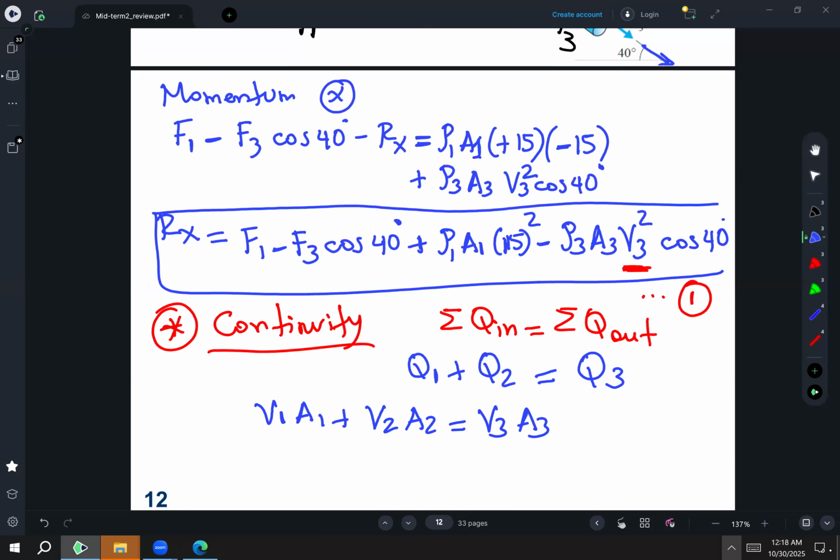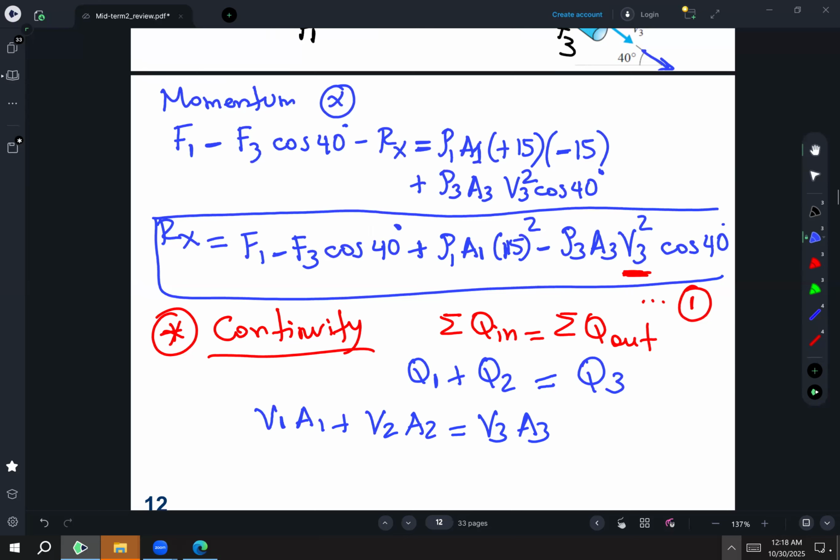So now we can replace the values here. The velocity 1 is equal to 15.